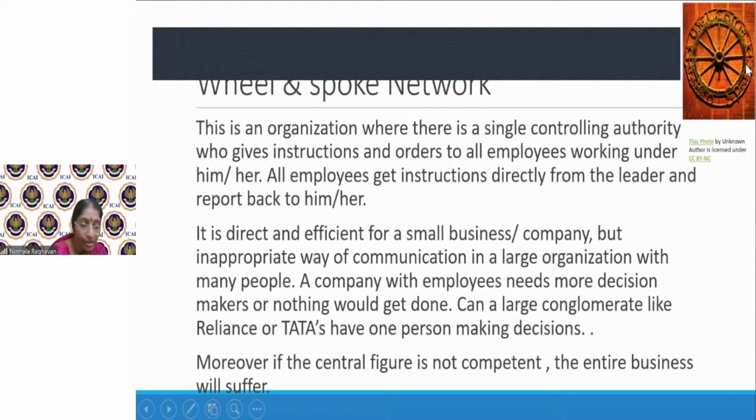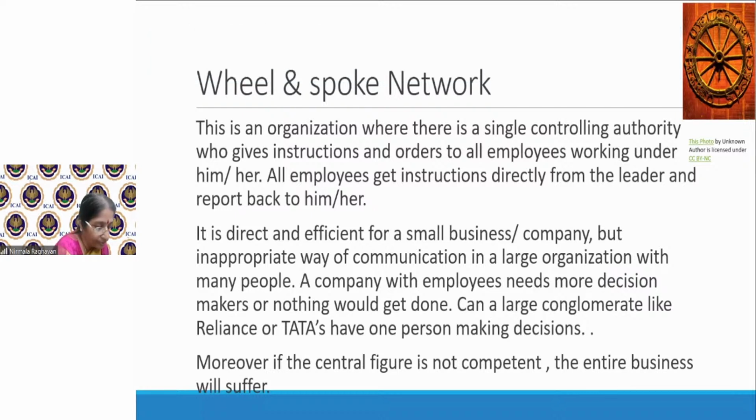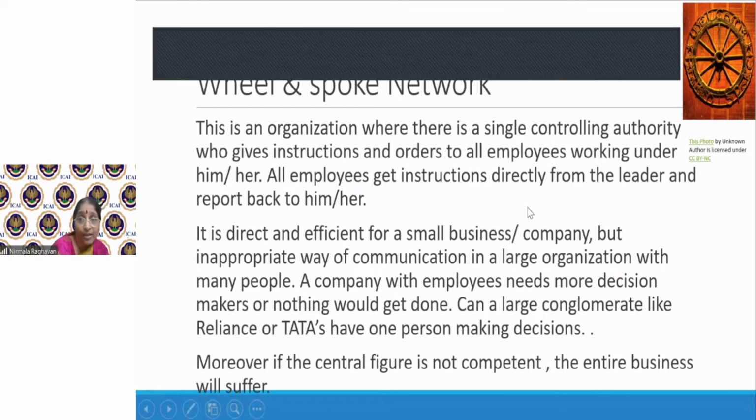This is very quick and there is no room for any misinterpretation or miscommunication, right? But this may not work well with large companies.